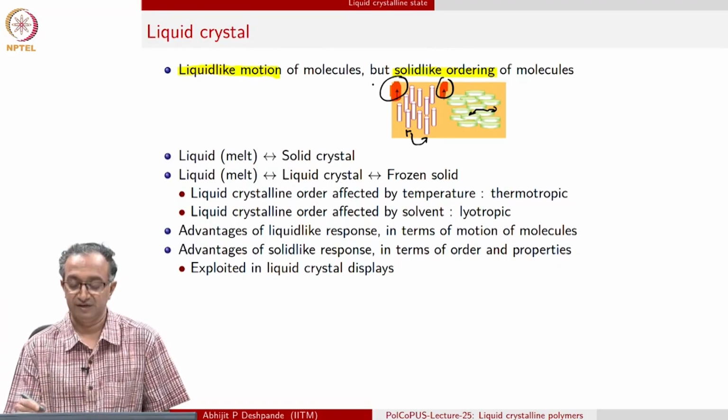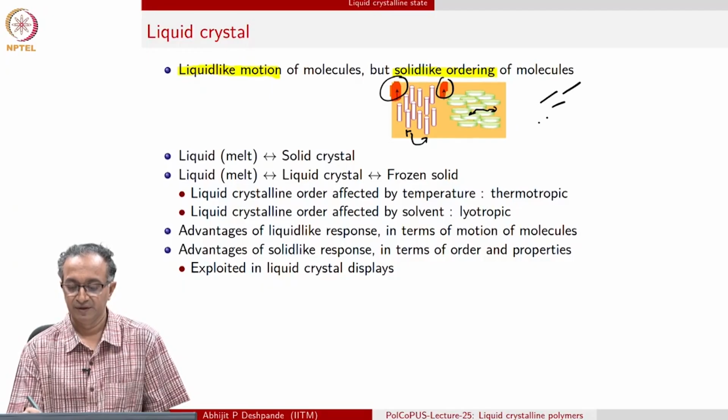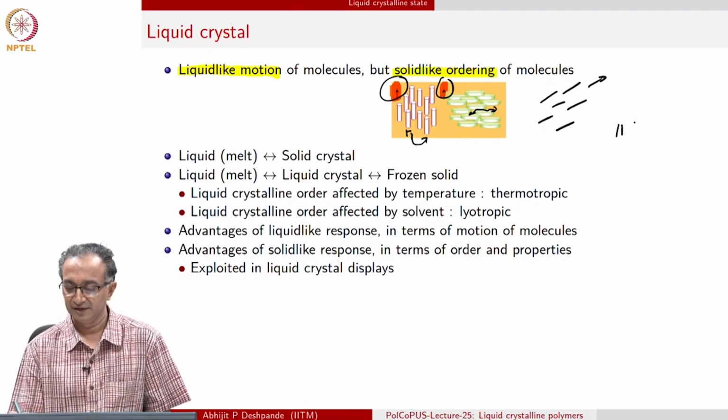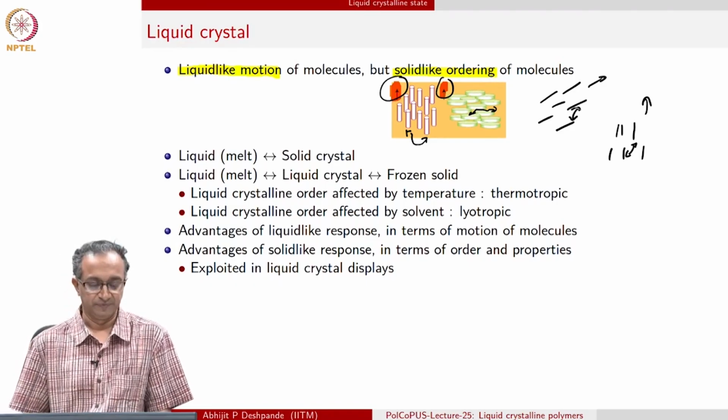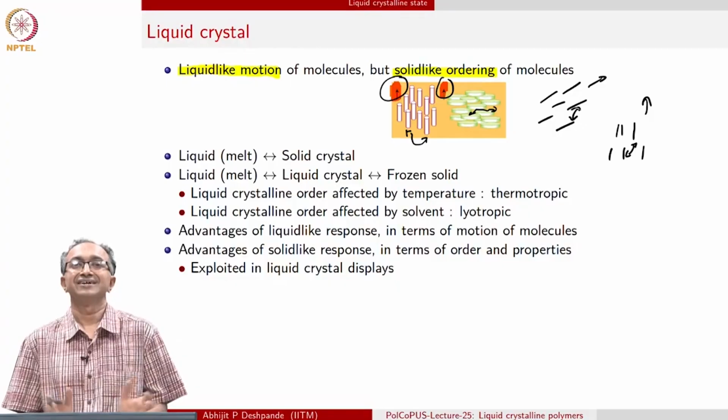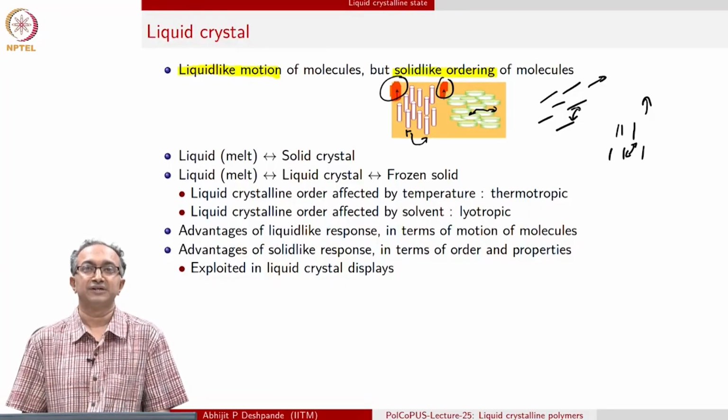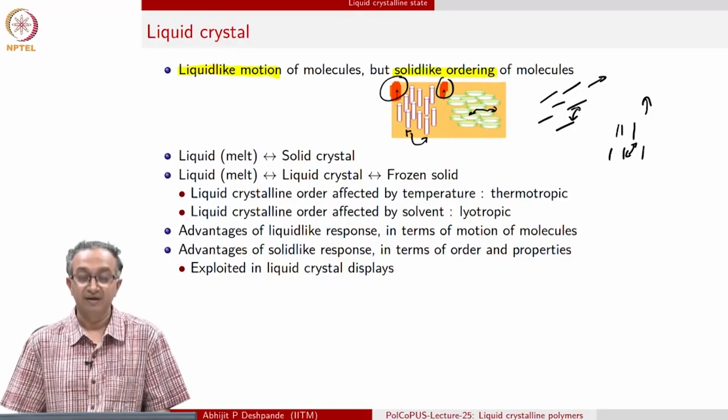Of course, we could have a liquid crystalline order in which the direction could be different in one place and different in another place, and within these domains there is exchange of molecules possible.